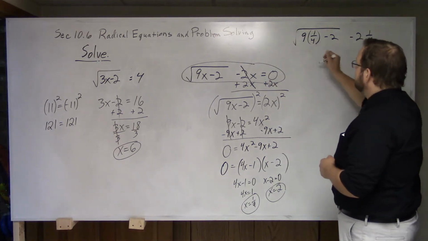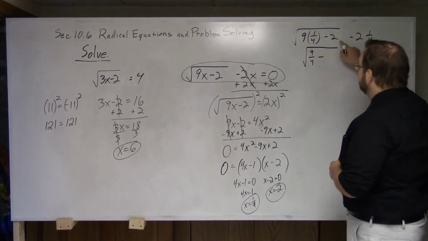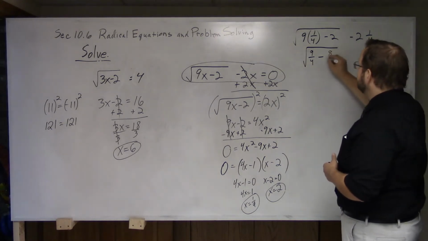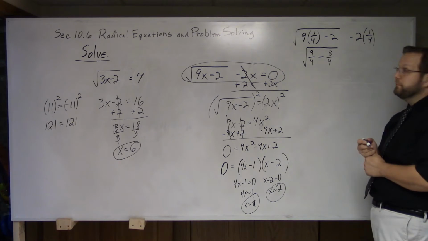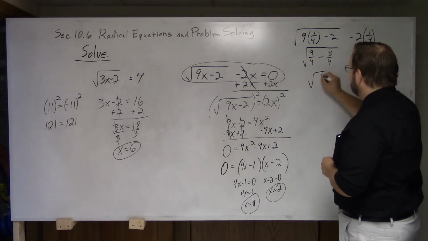So 9 times 1/4 is 9/4. Minus this 2, I want to write in terms of fourths. So that's 8/4. 9/4 minus 8/4 is a 1/4.